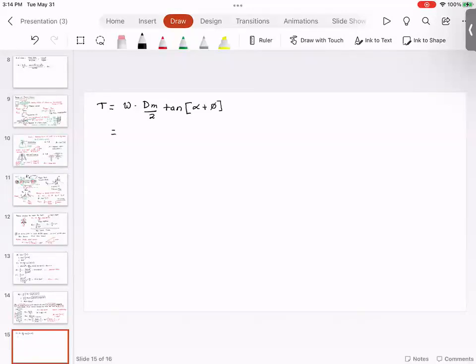W is 1.5 kilonewton. Dm is 73 divided by 1000 times 2 multiplied by tan of 7 plus 8.5. And this becomes 0.03 kilonewton meter.